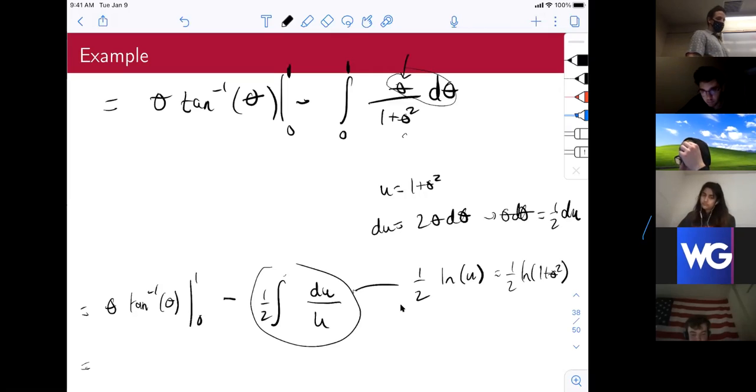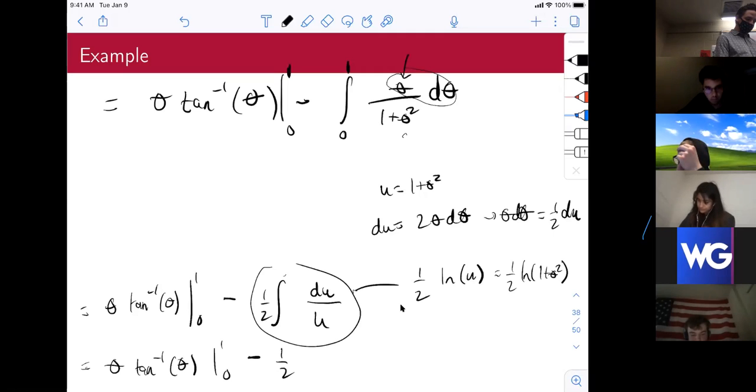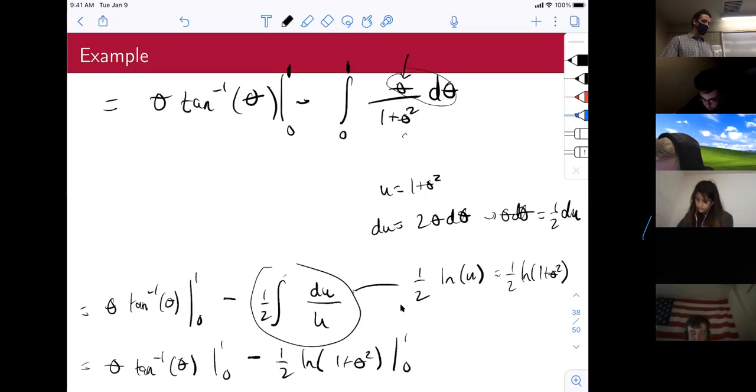Okay. So then we can evaluate everything. This is theta arctangent of theta at 1 and 0 minus 1/2 natural log of 1 plus theta squared. I switched back to theta, so the bounds are still 0 to 1. Okay.